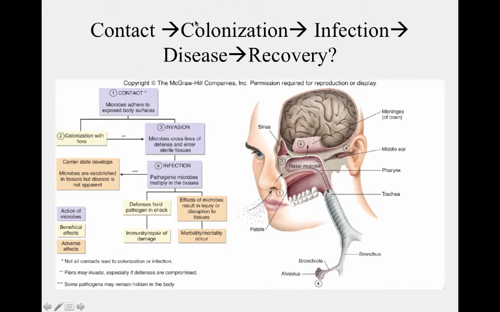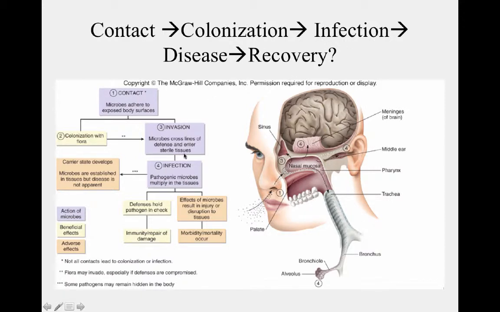How does it then get to its target cell or target tissue and start to invade that particular area of the host? So at first we'll colonize with the native flora or the normal flora, and then how does the pathogen cross the lines of defense and enter sterile tissues or tissues where it will actually indeed cause infection?